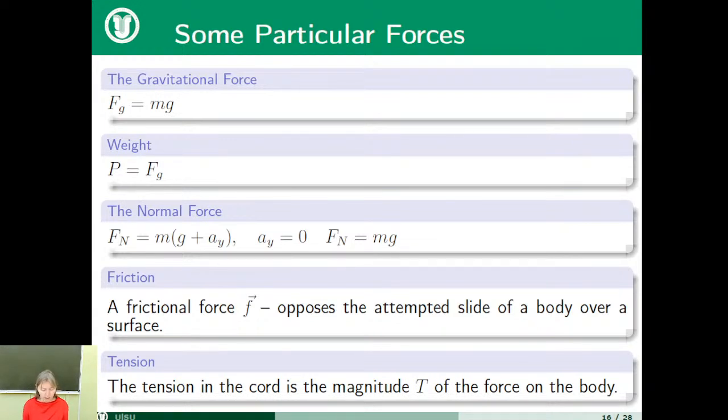Two forces act on the body: a downward gravitational force and a balancing upward force of magnitude P. The weight P of a body is equal to the magnitude Fg of the gravitational force on the body, and P is equal to the product m and g.